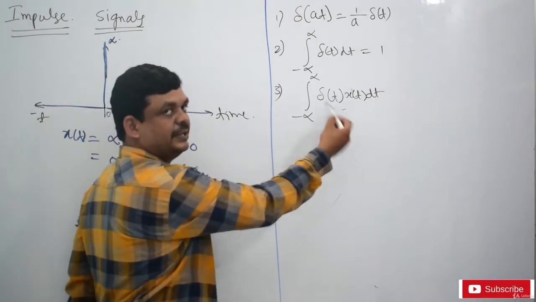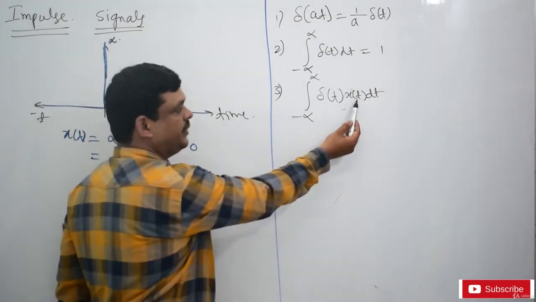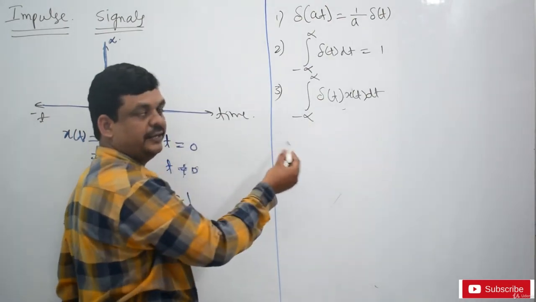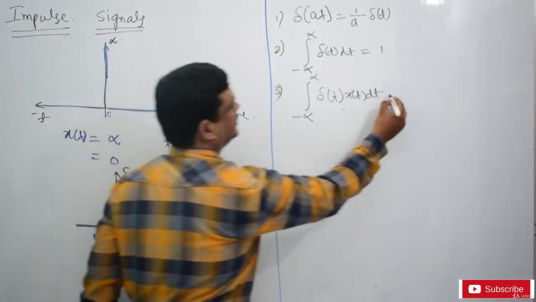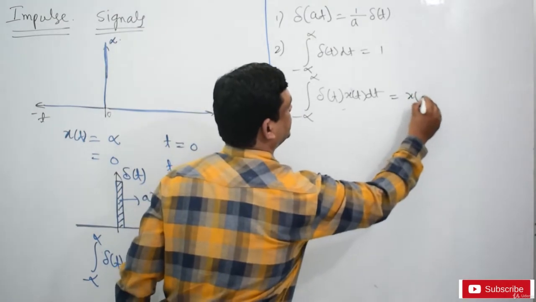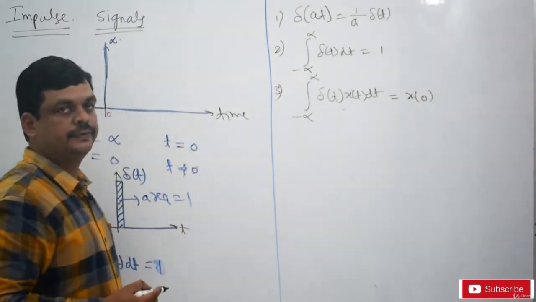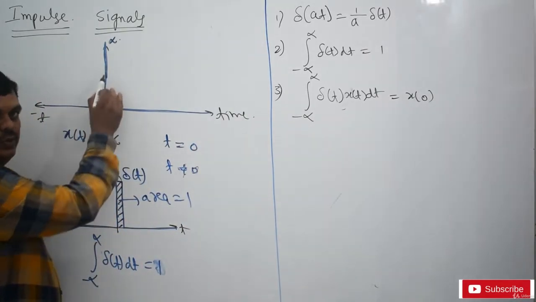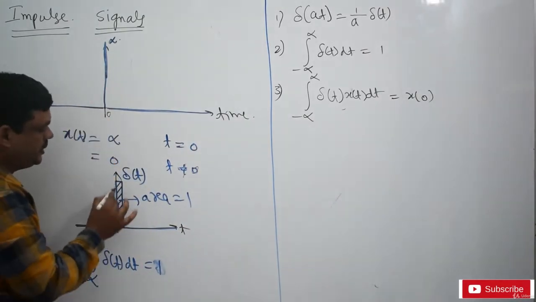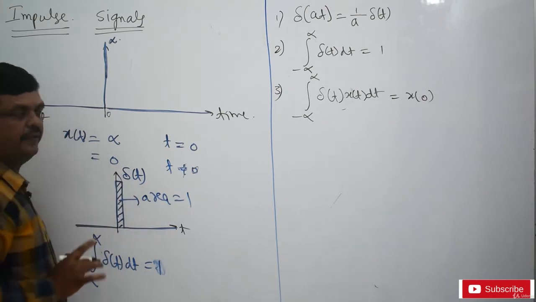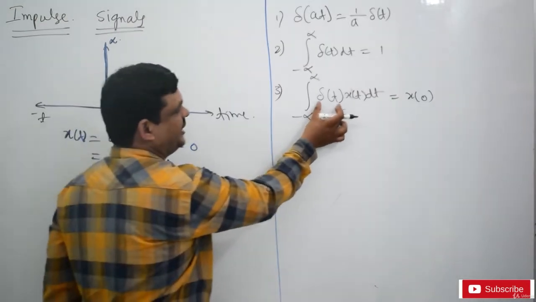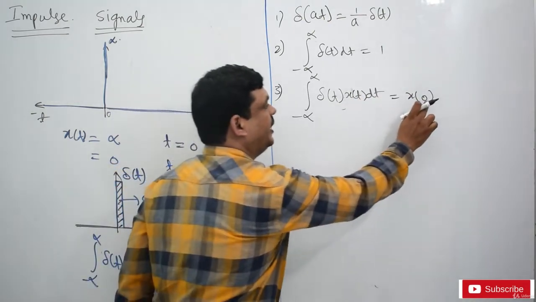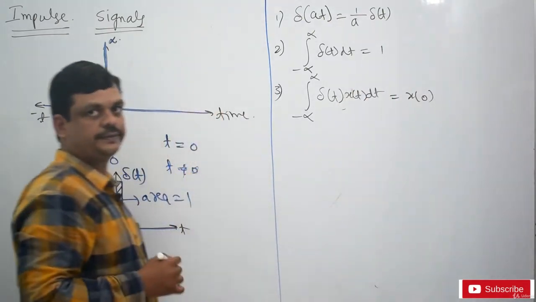This x of t is some other function. This function is multiplied with the impulse function del of t, and this gives the area. So if it is multiplied like this, then the result becomes x of 0, because this impulse function is defined exactly at t is equal to 0. At t is equal to 0, the area should be 1. So if it is multiplied with any other function, that function is defined at t is equal to 0 only.